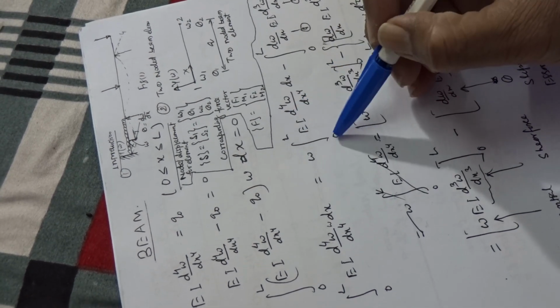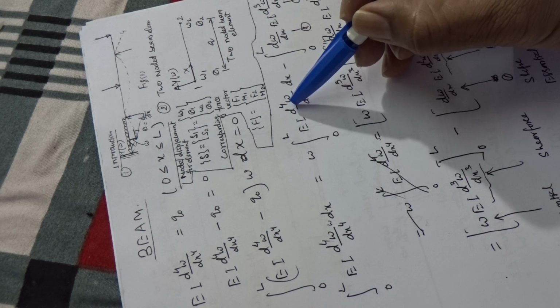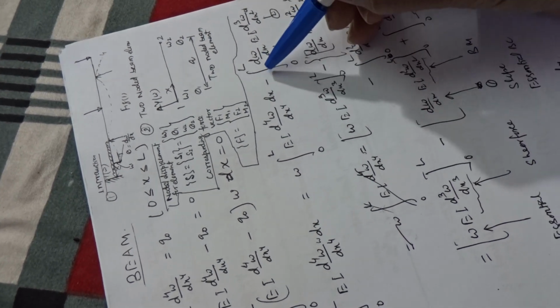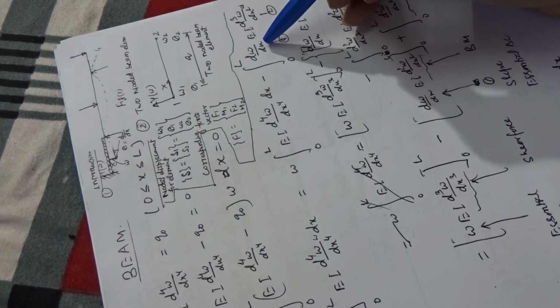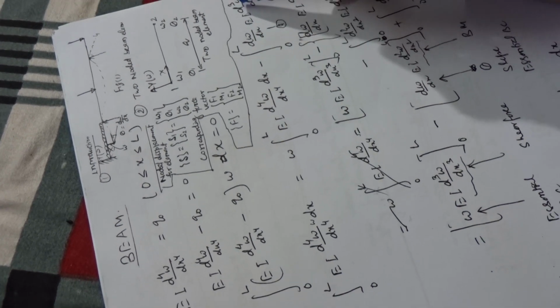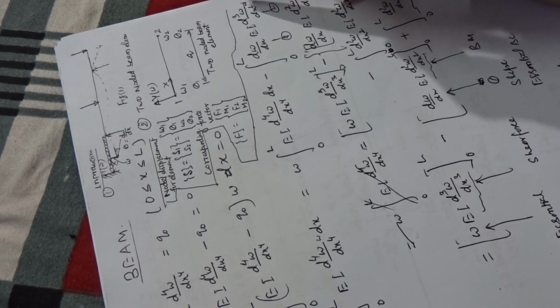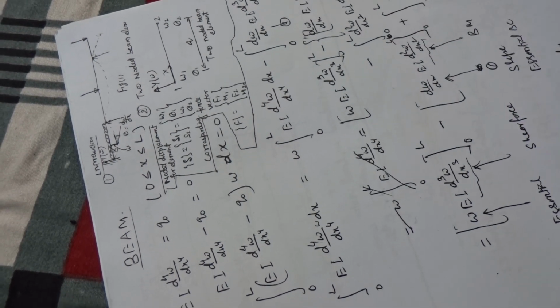Use integration by parts: 0 to L, EI d4w by dx4 dx, minus dw by dx EI d3w by dx3 dx.